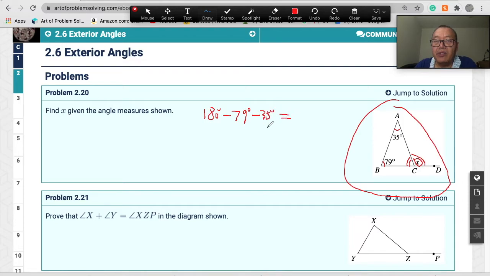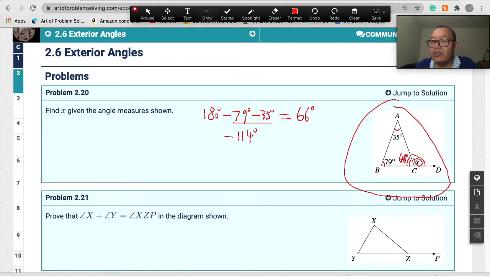This one will equal 66 degrees, right? If you add these two together, that's 114. 180 minus 114 gets 66 degrees.